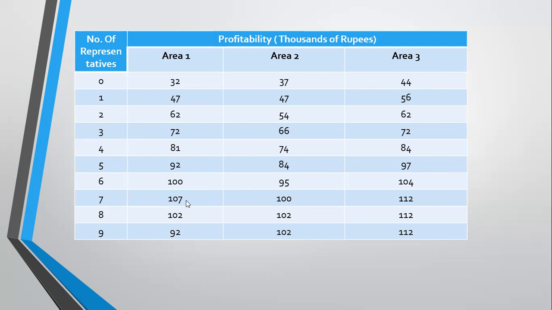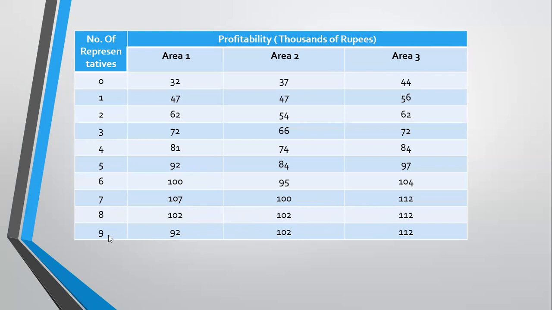Then, suppose I am placing 7 sales representatives: in area 1, 1 lakh 7,000 rupees is planned, then 1 lakh in area 2, 1 lakh 12,000 in area 3. If I am placing 8 sales representatives, in area 1, 1 lakh 2,000, area 2, 1 lakh 2,000, then area 3, 1 lakh 12,000.